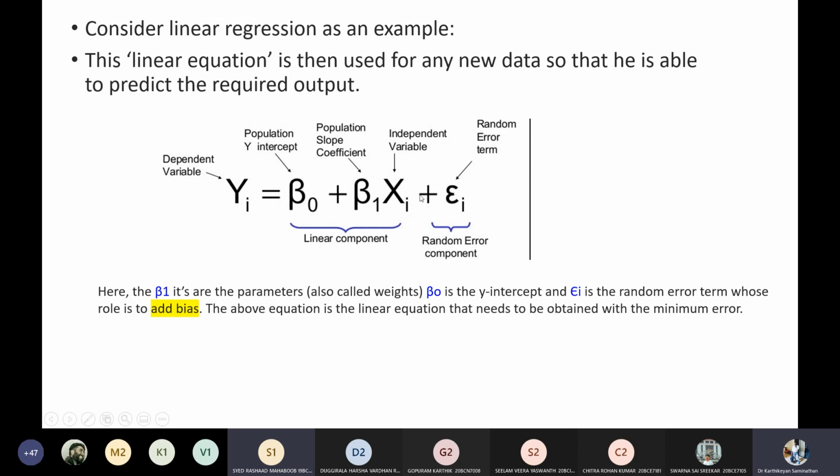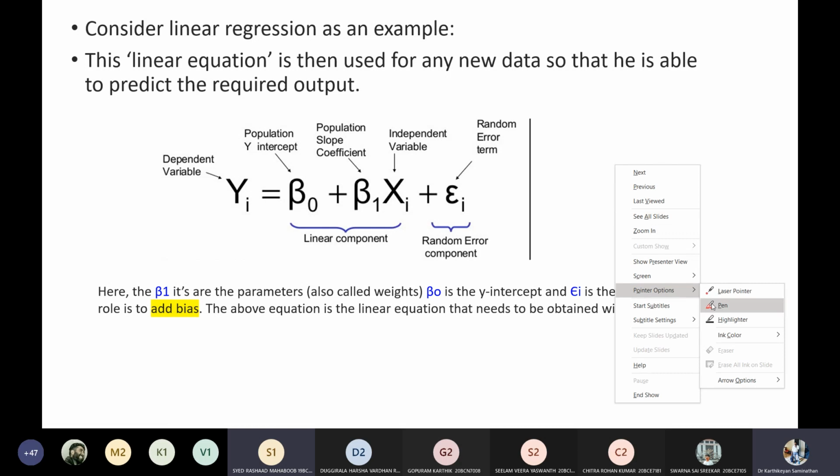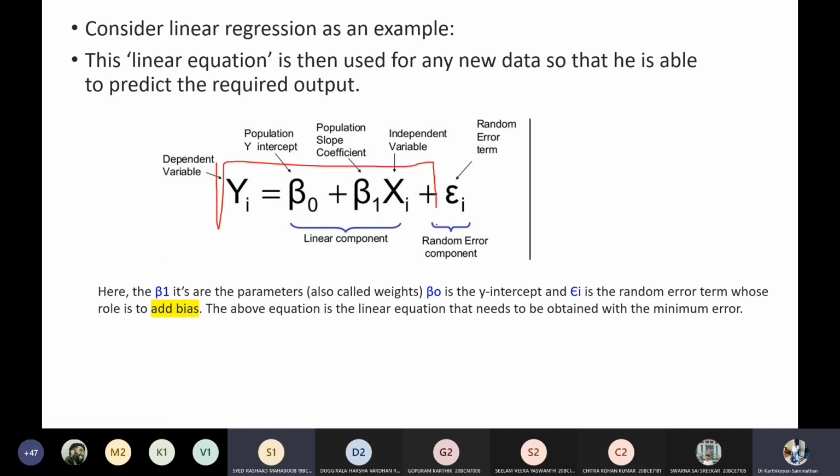This error term we call epsilon. Y is equal to beta 0 plus beta 1 into x. This is what we generally call a linear equation, this alone. When you say polynomial regression, then obviously a residual parameter will be added. So epsilon i is nothing but a random error term whose role is to add bias.